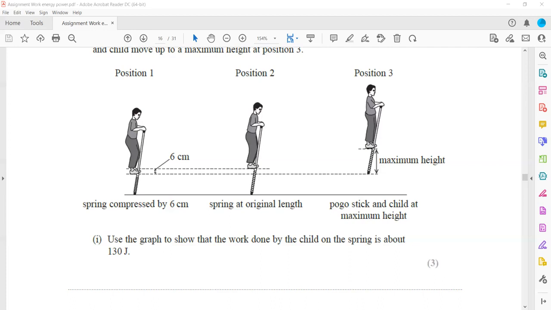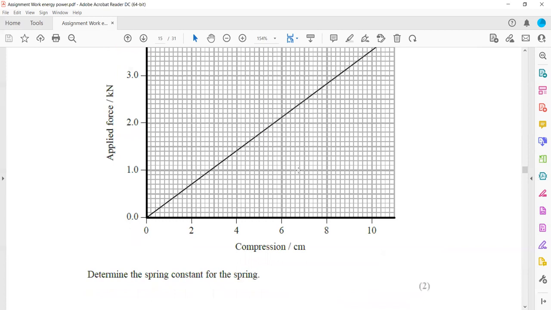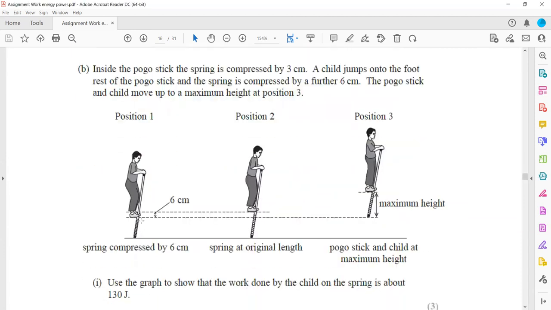As I mentioned, whenever the force and distance or extension graph is there, the area under the graph will give us the work done. So this is compression for the total spring. The graph is there. So what height will we take? We'll not take 6 centimeter, we'll take 3 centimeter. Why?